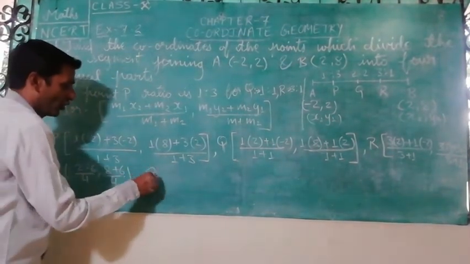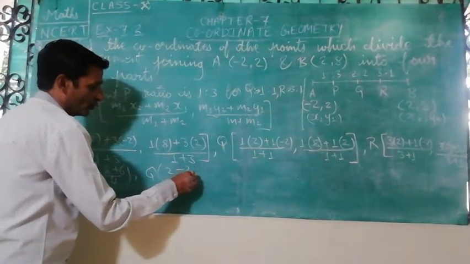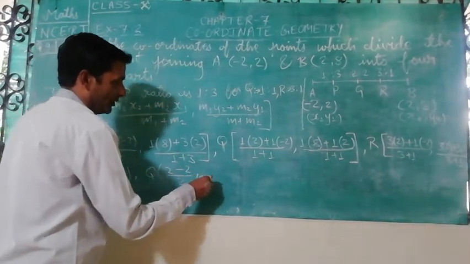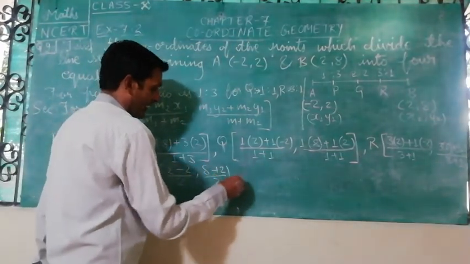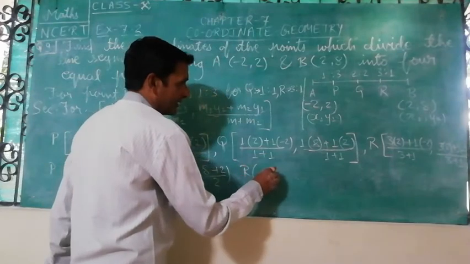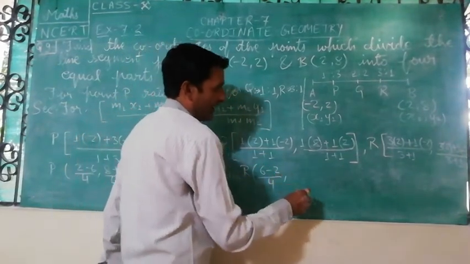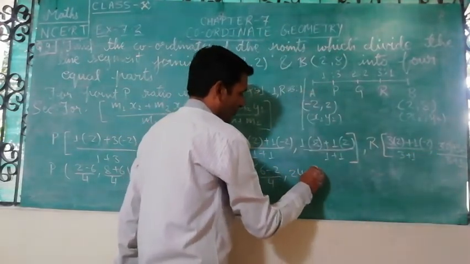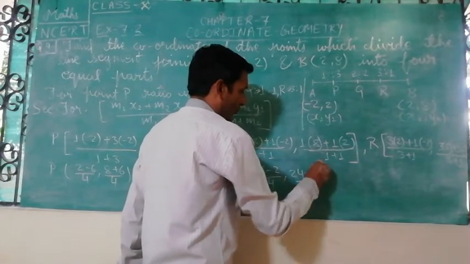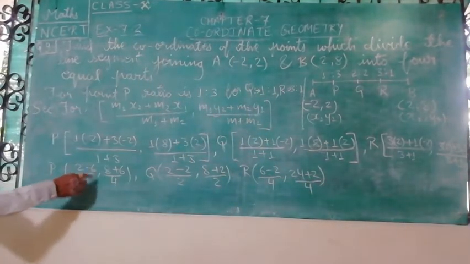And for Q, coordinates will be 2 minus 2 upon 2 and 8 plus 2 upon 2. And for R, it is 6 minus 2 upon 4 and 3 into 8 is 24, plus 2, upon 4.